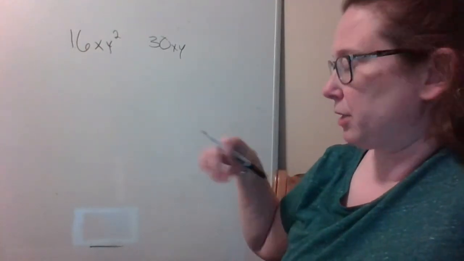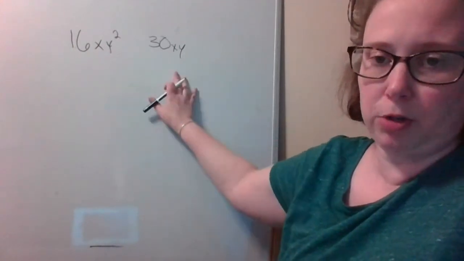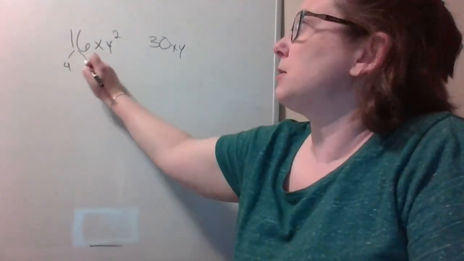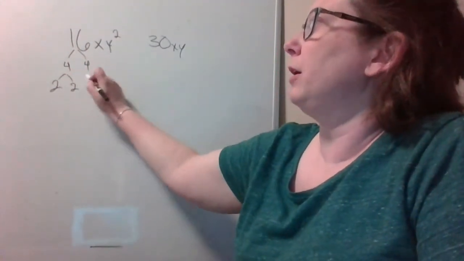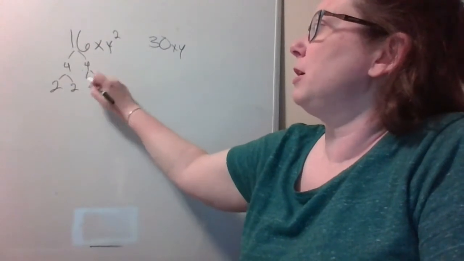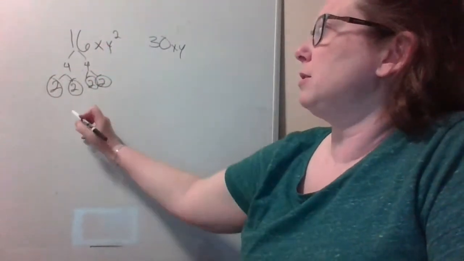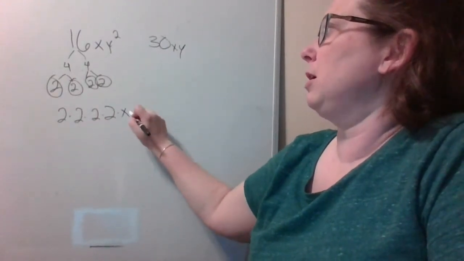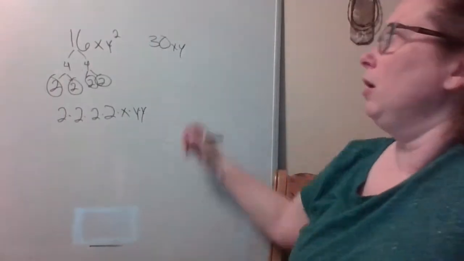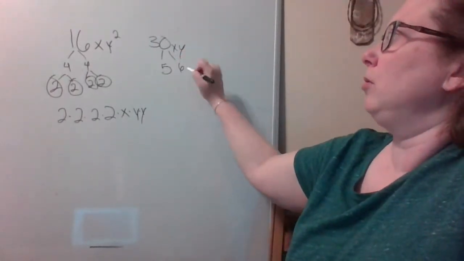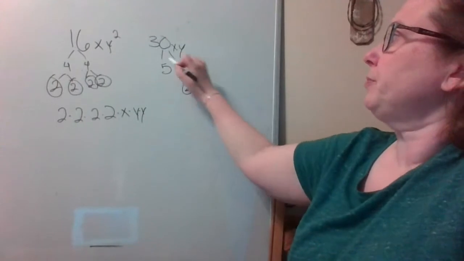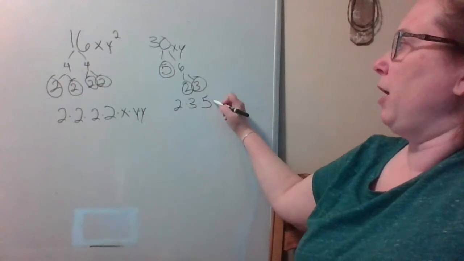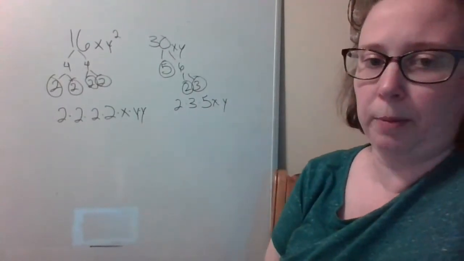Now, in the last section 4-3, we factored monomials already, so you should feel pretty comfortable coming in and saying that the prime factorization for this one would be 2 times 2 times 2 times 2 times x times y times y. For 30, you would have 2 times 3 times 5 times x times y.